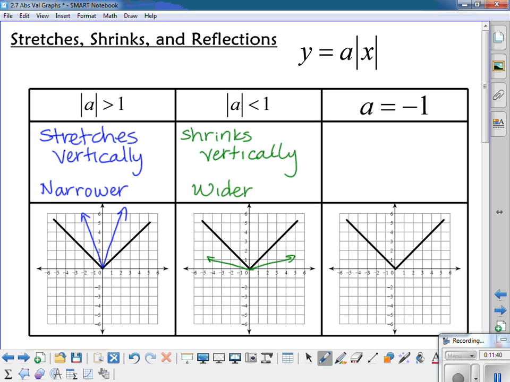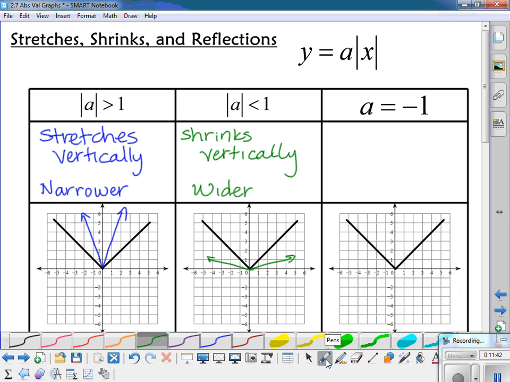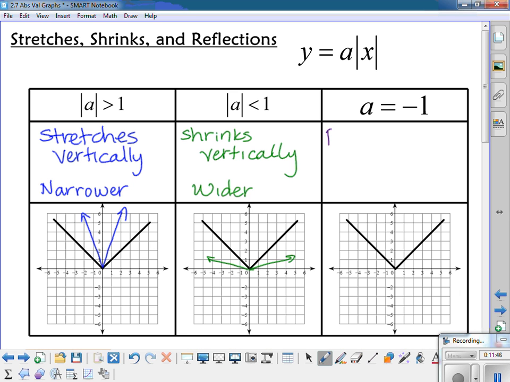And if A is equal to -1, it reflects it across the x-axis. So essentially it ends up being upside down.